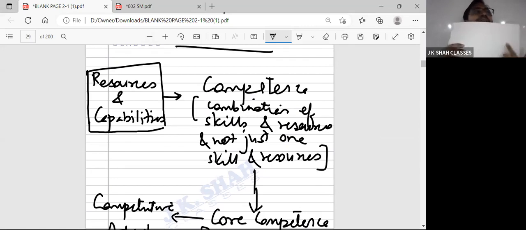Below competence, I wrote core competence. And after that, I put an arrow and wrote here competitive advantage. What you should do? Resources and capabilities will result into competence. From competence, you will get core competence. From core competence, you will get competitive advantage. So I want this order. You should be writing in this way. You all understood what I just said? So follow this. Shall I repeat? You all understood this, right?